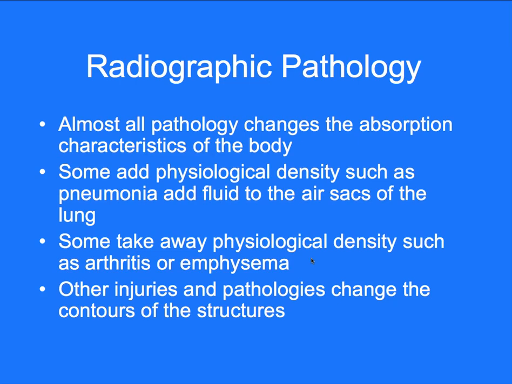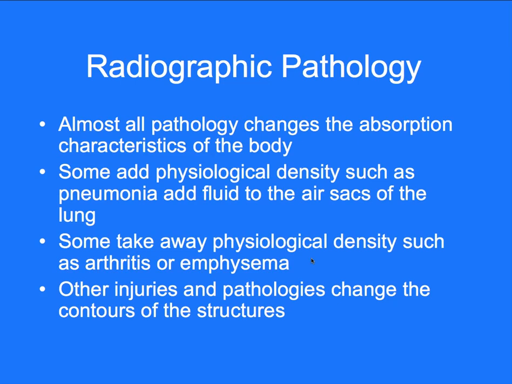When we look at radiographic pathology, almost all pathological changes change the absorption characteristics of the part of the body. Some pathologies add density to the body. A good example of that is pneumonia or cancers that can add fluid or solid masses to the lungs. We call those additive pathologies.